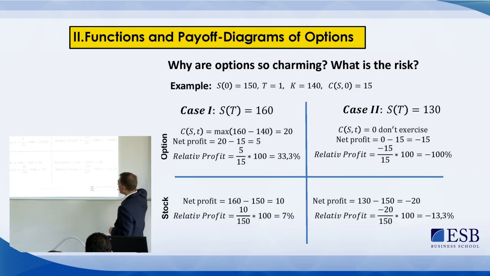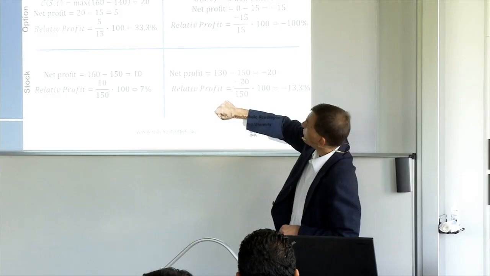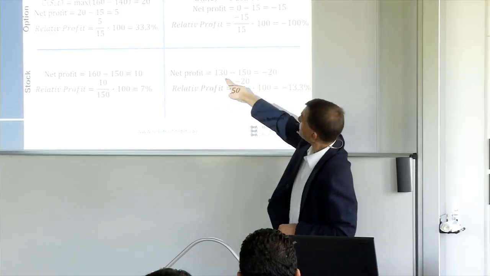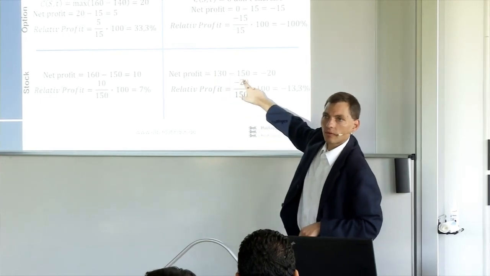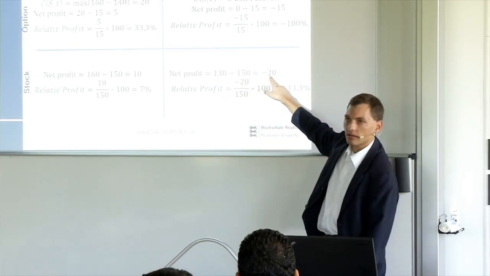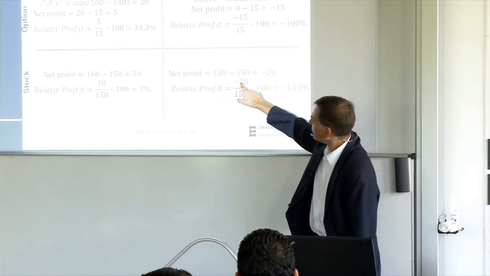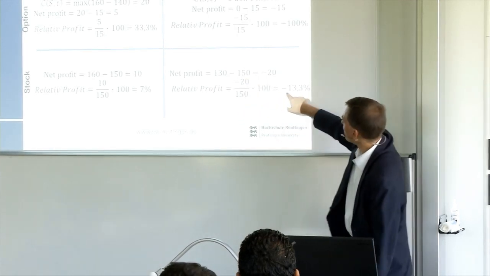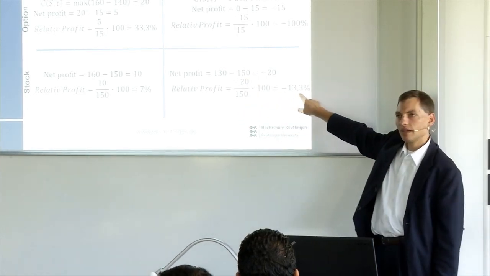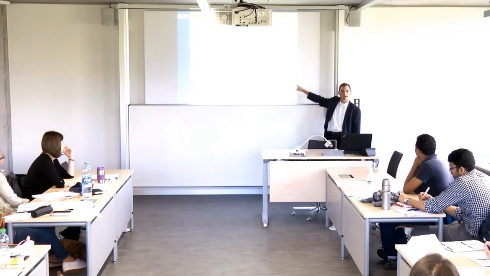Well, once again, you buy the stock today at 150, but in a year the price is 130. So you have 130 minus the 150, and you make a loss of 20. But the loss of 20 in relation to your initial investment, the 150 of today, gives you just a minus 13.3%.